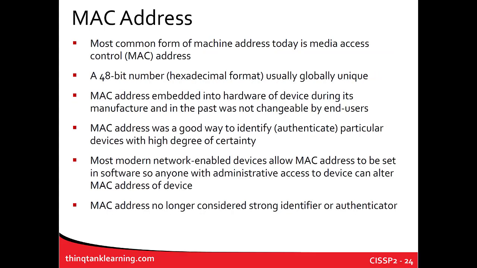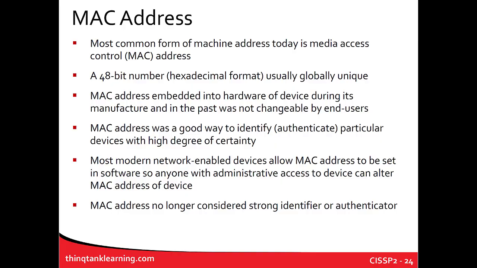Pretty straightforward. A MAC address, media access control address. You might say, well, wait a minute, that's a layer 2 address that identifies a host in an Ethernet network. But guess what? It can be used as an ID.